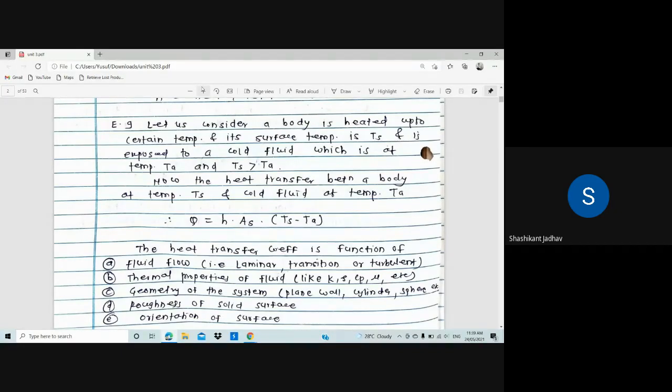Then third, geometry of the system in bracket plane wall, cylinder, sphere. So these are the some of the geometries. Okay, write down the geometry of the system in bracket plane wall, cylinder, sphere, etc.